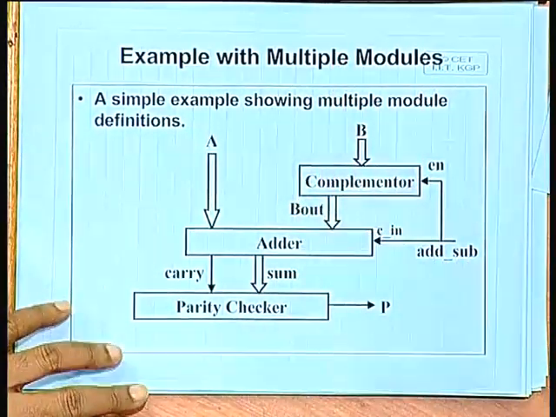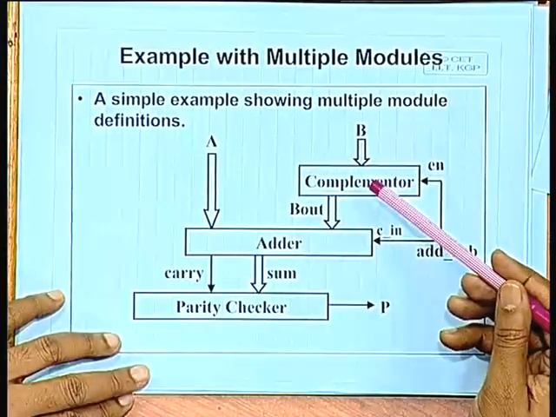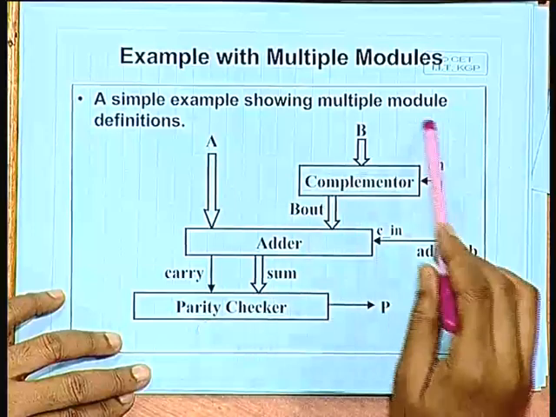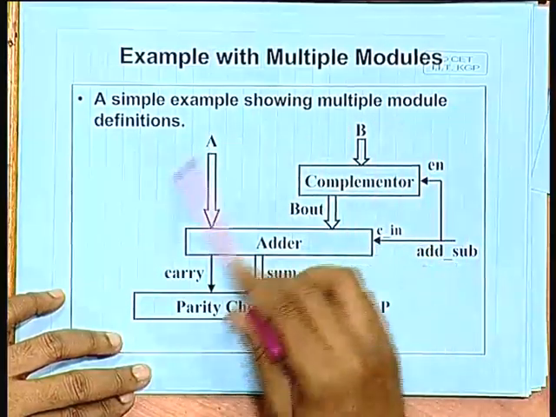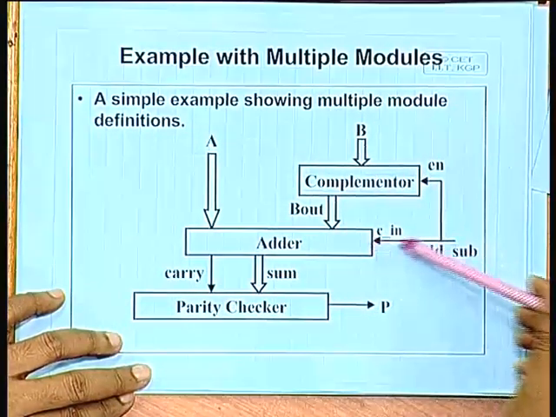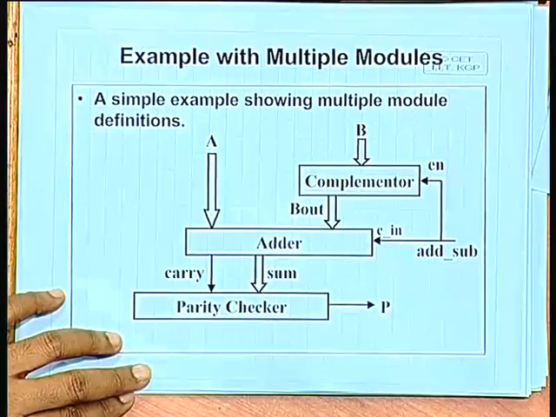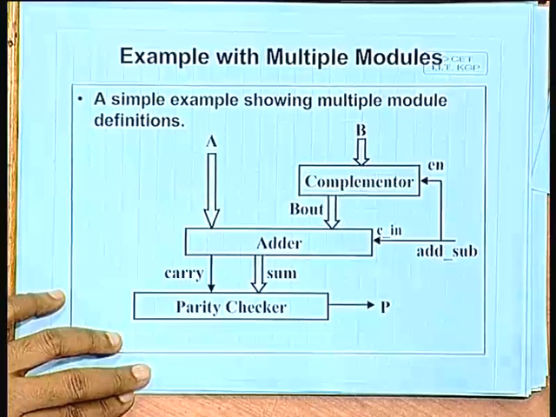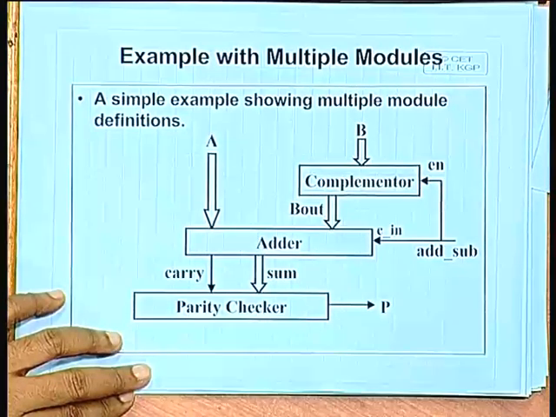This is one example where, as you can see, we have 3 different identifiable modules. What we want to do is that we have an adder subtractor and we want to check the parity of the result. So, actually what we want is something like this.